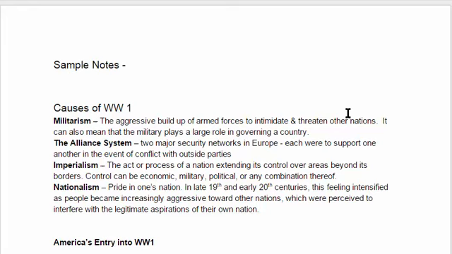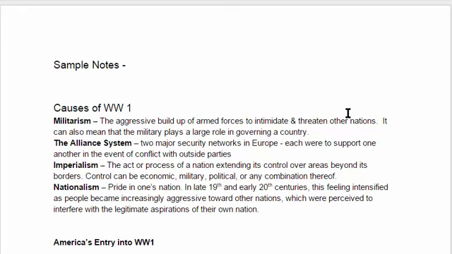All the main countries, France, Germany, Britain, Russia, the Ottoman Empire, and to some extent Italy, were building larger and larger forces, and that was the idea of we're stronger than you are, and we're going to have that large military to show it. It also could mean the military playing a larger role in running the country.